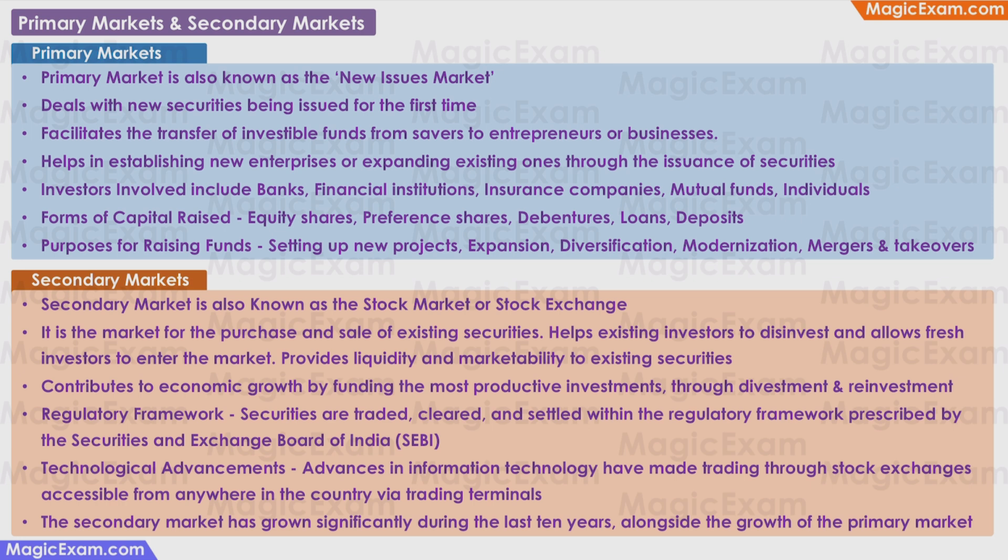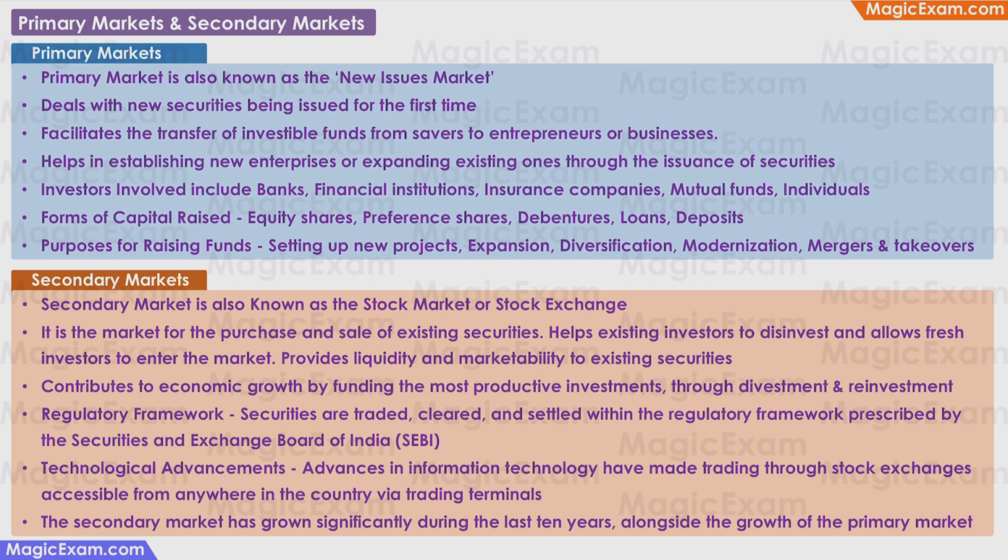The secondary market provides liquidity and marketability for existing securities, allowing them to be easily converted into cash. Secondary markets contribute to economic growth by funding the most productive investments through divestment and reinvestment, which means that the money keeps flowing through the markets. As a regulatory authority, the Securities and Exchange Board of India, SEBI, controls and oversees secondary markets to ensure transparency and fairness.